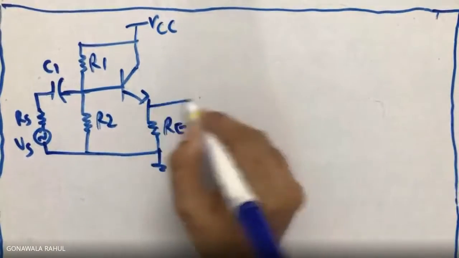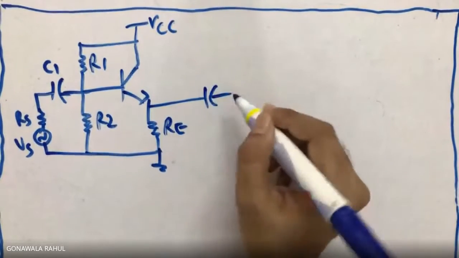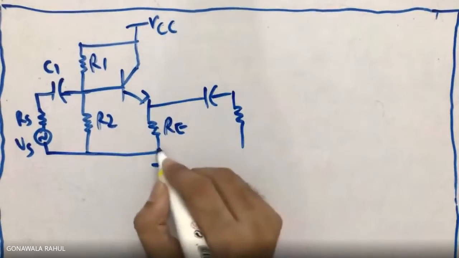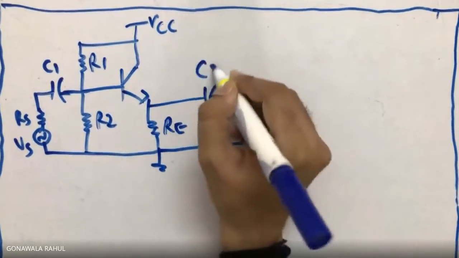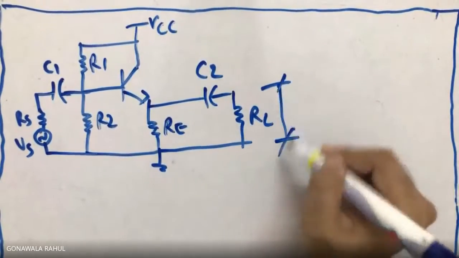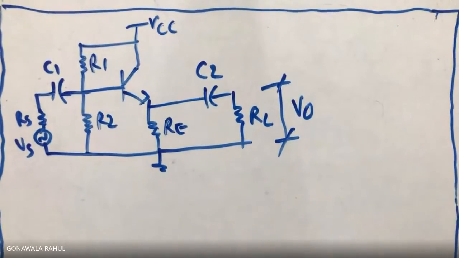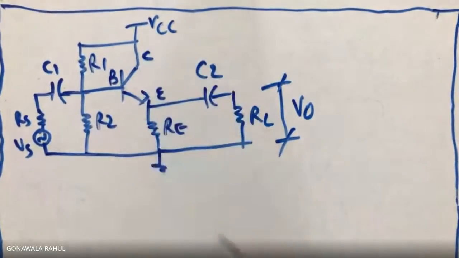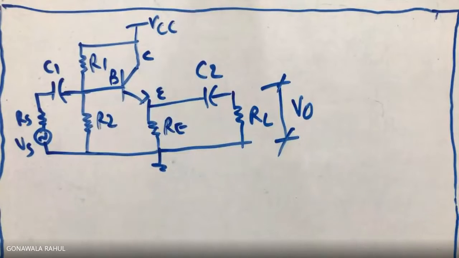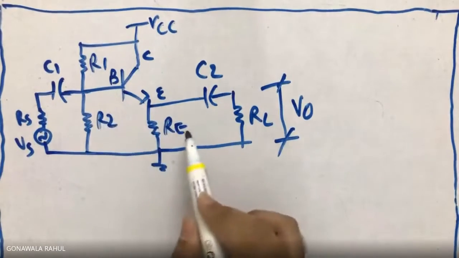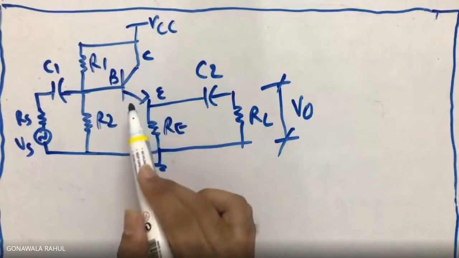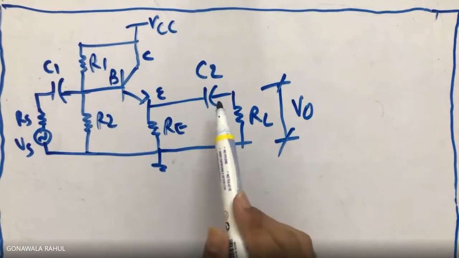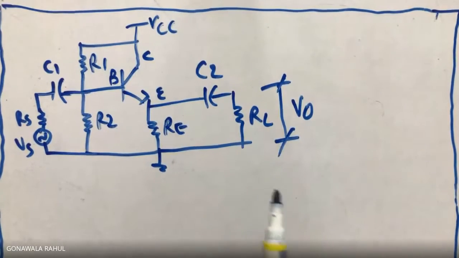Then here we have a coupling capacitor. Across the load resistor we are getting output Vo. So as we know, this is our base terminal, this is our emitter and this is our collector. Here R1, R2 and RE provide biasing for the transistor. C1 and C2 are coupling capacitors and RL is a load resistor. Okay, this is the basic circuit.